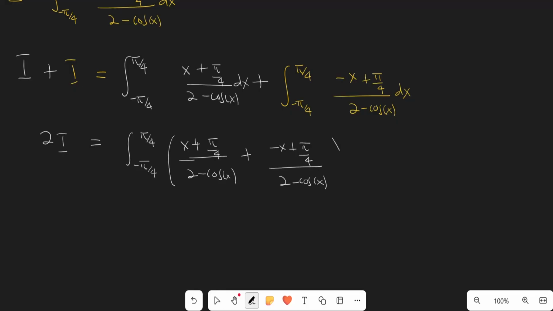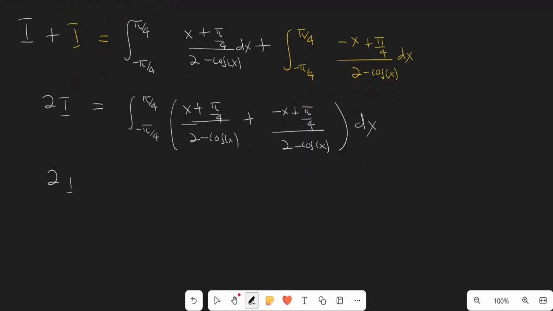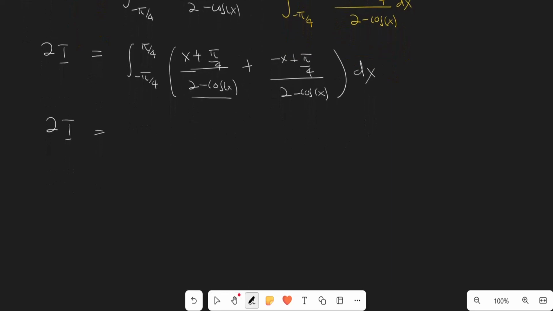We have now put our two integrals into one integral. Because they have the same denominator, we just have to sum the numerators, right? Summing them, x will cancel with negative x, and you are going to have the integral from negative pi over 4 to positive pi over 4 of pi over 4 plus pi over 4, which is pi over 2, over the common denominator, which is 2 minus the cosine of x dx.